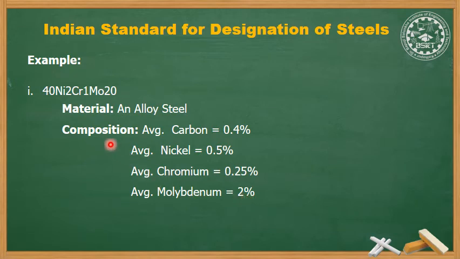So the composition will be: average carbon is 0.4%, average nickel is 0.5%, average chromium is 0.25%, and average molybdenum is 2%. Here you can also have values of molybdenum like 2.5 or 2.8. Okay, that's it for low and medium alloy steel.